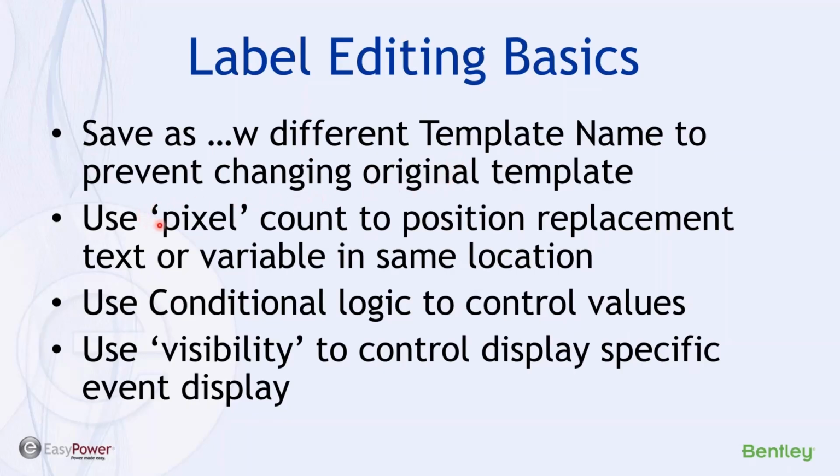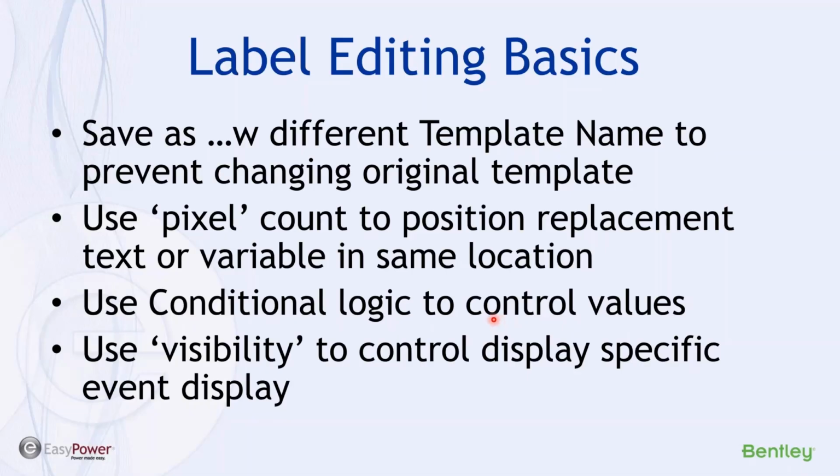The examples I'm going to show are a little bit rough as far as the alignment of the different elements, and it's relatively easy to use a pixel count to position the replacement text or variables. I'll show you where that is. I'm not going to take the time to do it on my examples. But what you'll see is the ability to use conditional logic to control the values that are used on the label itself.